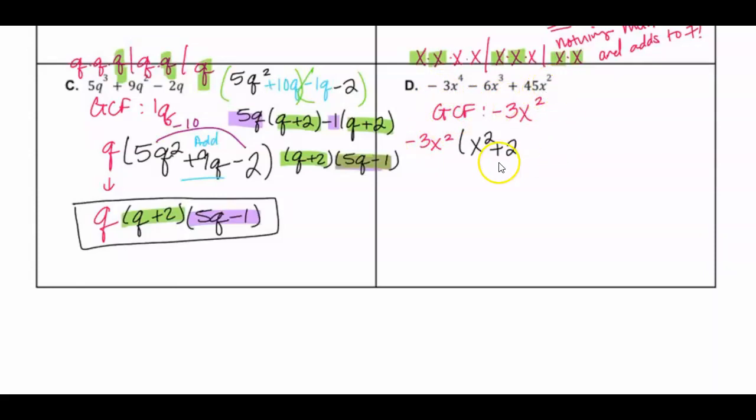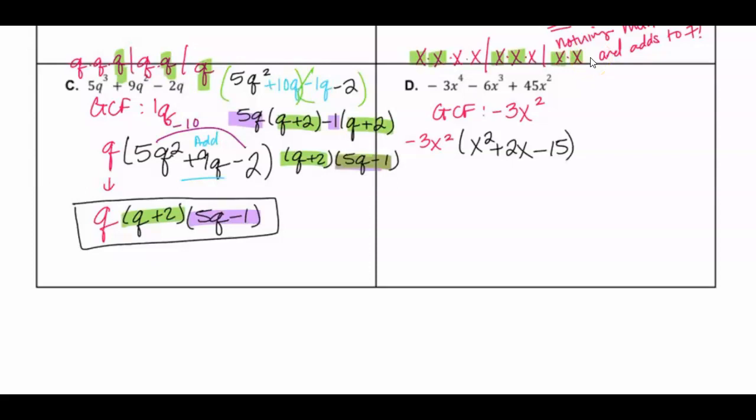Oh, whoops, my bad. Positive 2, and I have a single x left over. And then you go to the next one. Negative 3 times what is positive 45? Well, negative and negative will make positive, so it has to be negative 15. Negative 3 times negative 15 is positive 45, and I already have the x squared, which you can see here. There's no more leftovers.